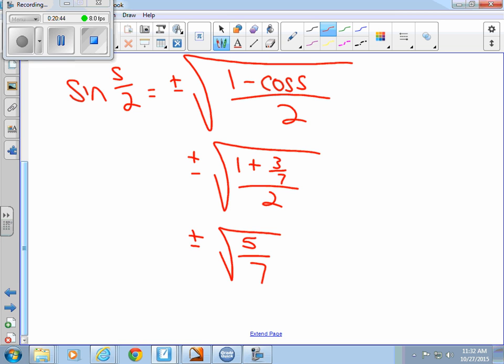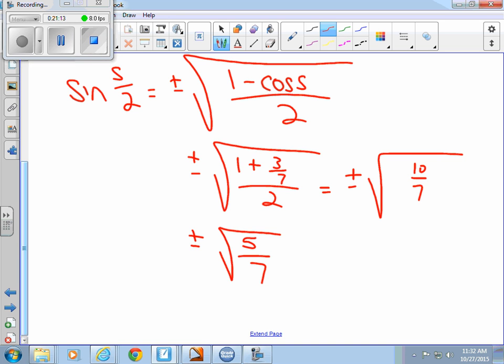Okay, I need to deal with the plus or minus, and I would like to rationalize. I'd like to get rid of the radical 7. So, rationalization first. Let me show another step. This is 7/7 plus 3/7, which is 10/7.